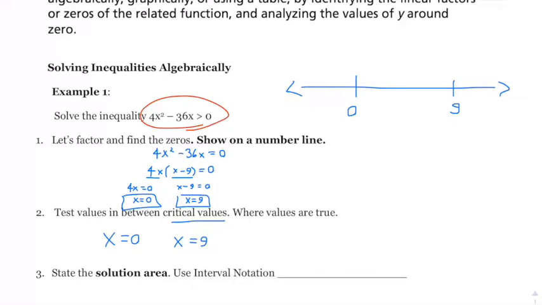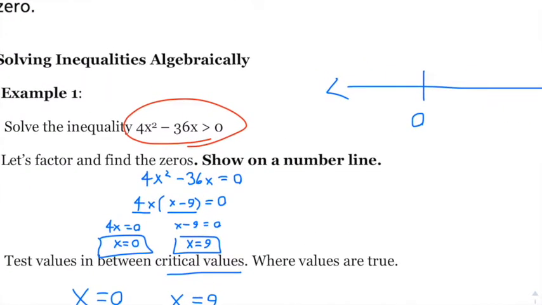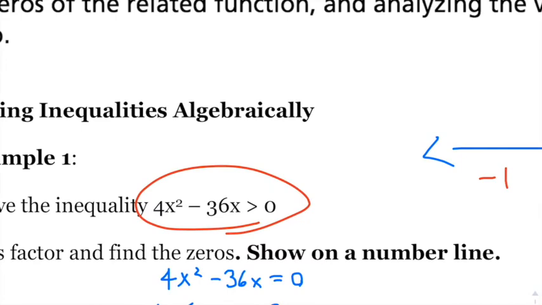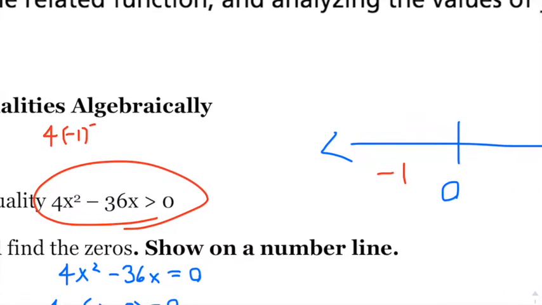So for example, if I want to test this region to the left of 0, I need a number less than 0. So I'm going to try out -1 right there. And then we'll just go and see what happens. So we have 4 times -1. And actually, let me write it up here, kind of above the section. 4 times -1 squared, and then minus 36 times -1.